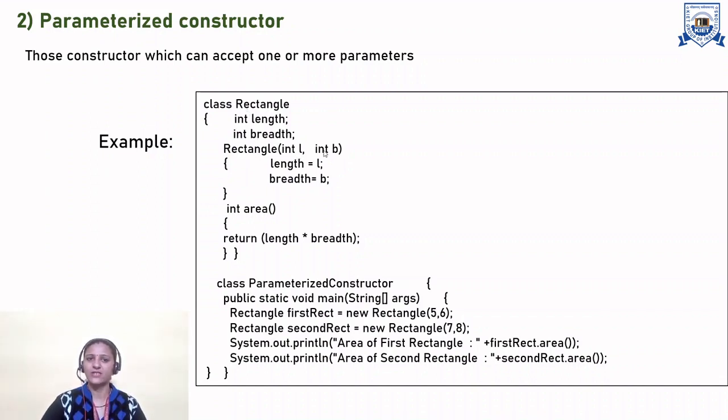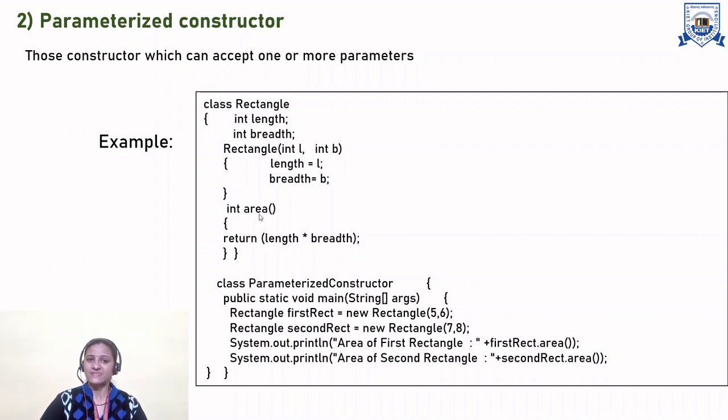It receives two arguments, both of integer type, under the variable names L and B. Whatever values are assigned to L and B, it provides them to these two attributes.